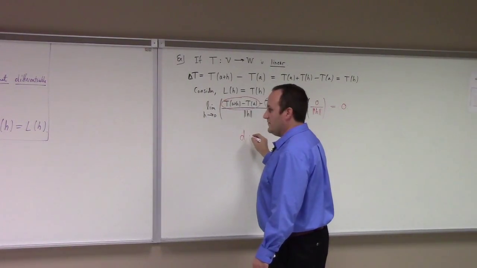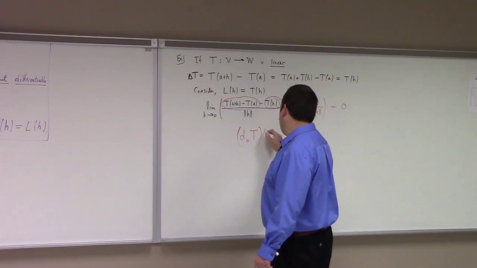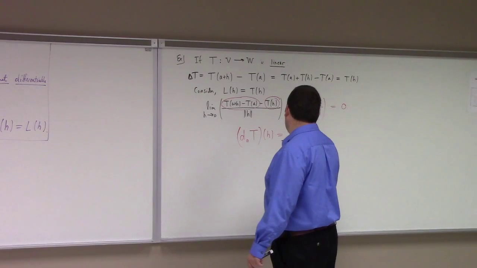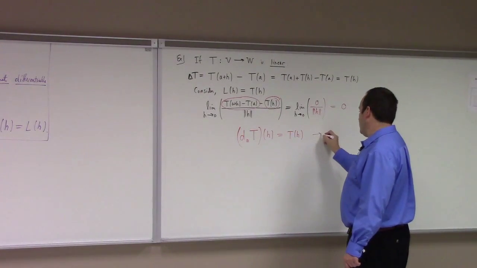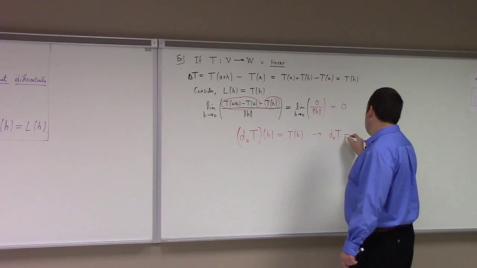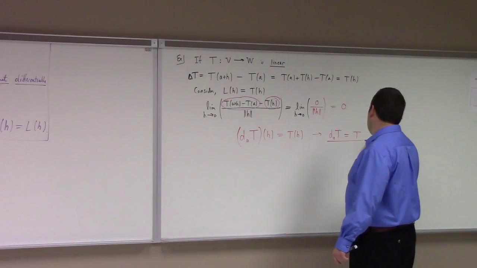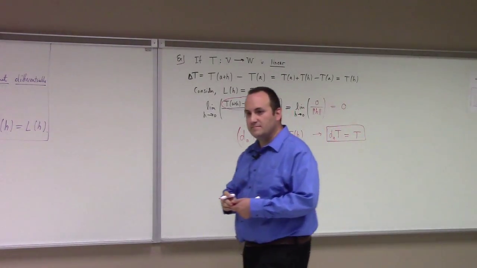Which proves that the differential of a linear transformation at an arbitrary point a acting on h is just equal to T of h. And so if you like, you can just drop the h and say the differential of T is just T once more. So the differential of a linear transformation is the linear transformation again.